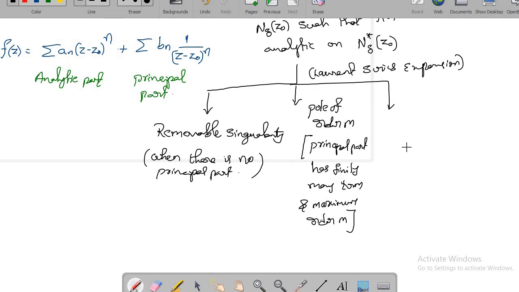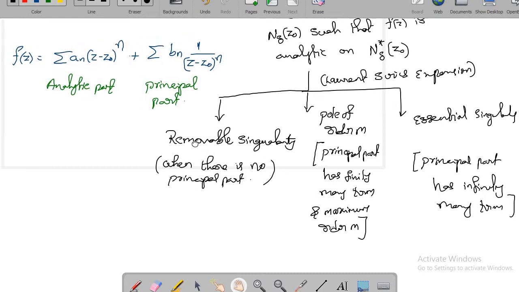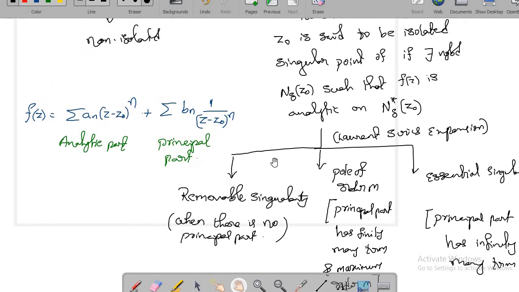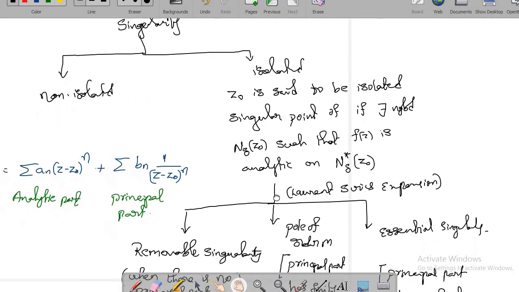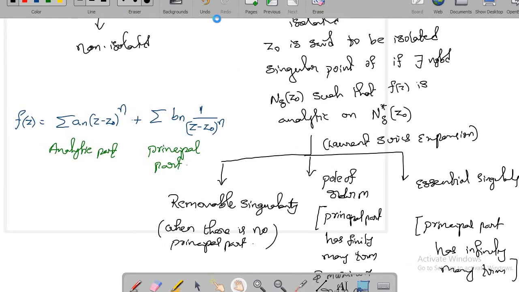So if there are infinitely many terms in the principal part, in this case we call the singularity an essential singularity. Okay, so based on the principal part in the Laurent series expansion, we are going to classify these isolated singularities. Okay, so let me give you some examples.